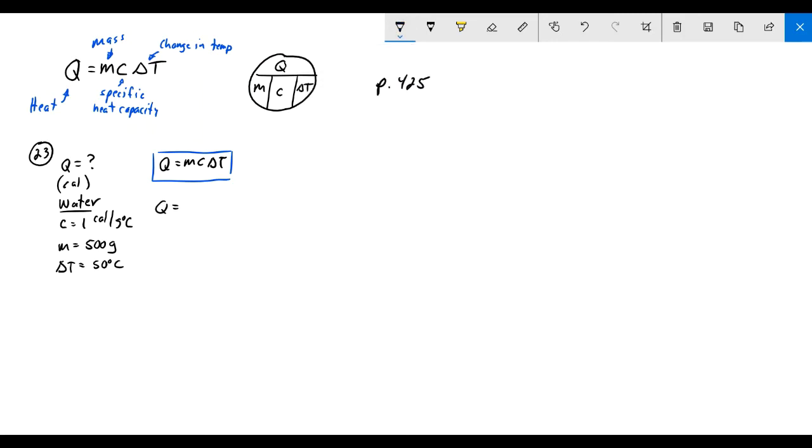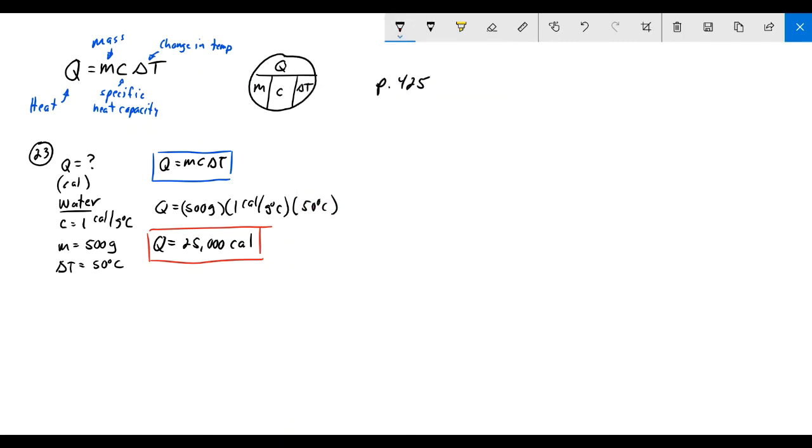So Q equals 500 grams, this is water, so the specific heat capacity is 1 calorie per gram degree Celsius, and then we've got our 50 degrees Celsius for our change in temperature. The calculator does all the work, and we end up with 25,000 calories. So this is how we do number 23.